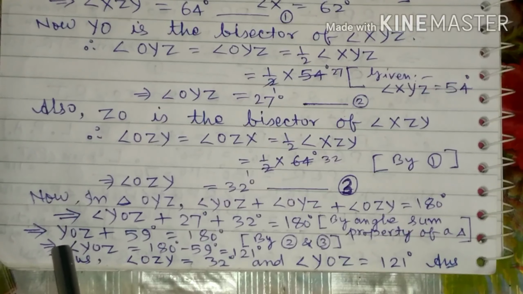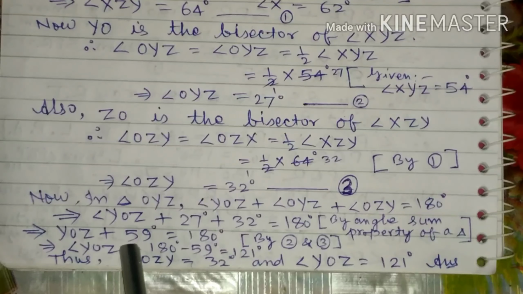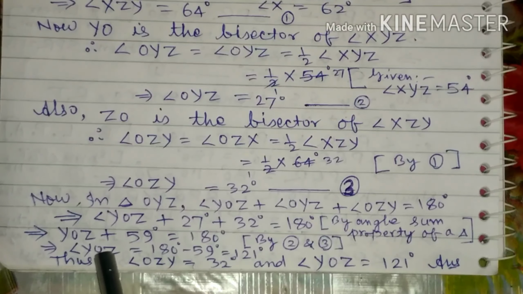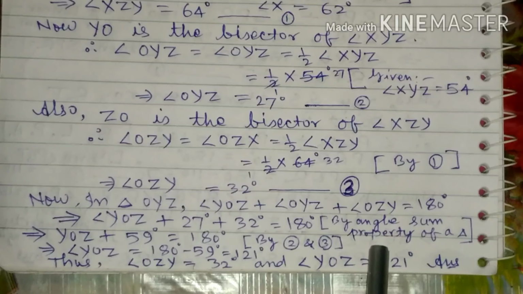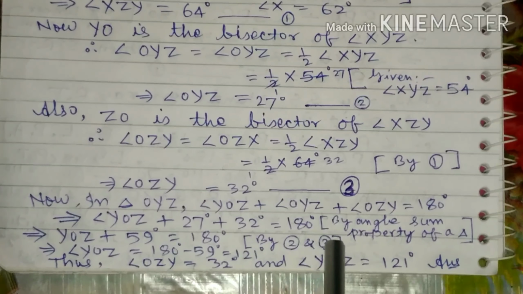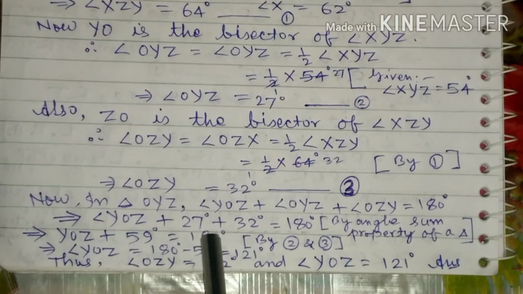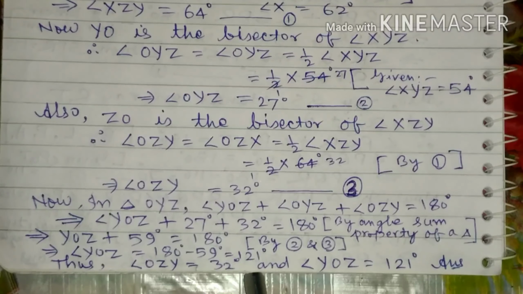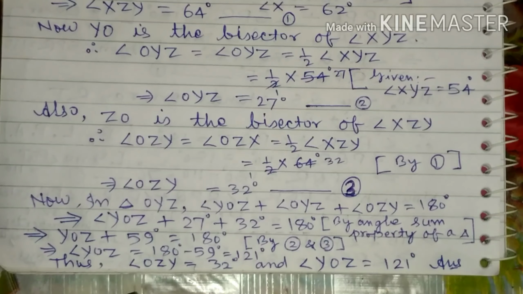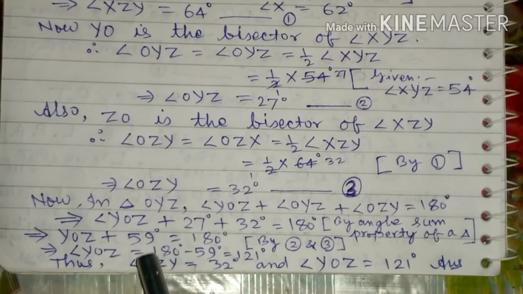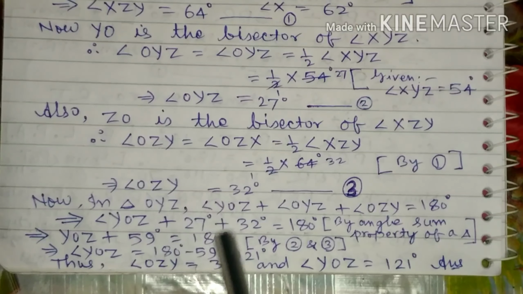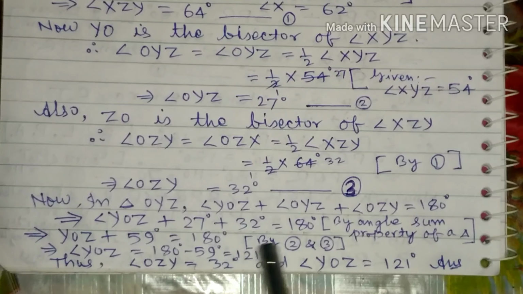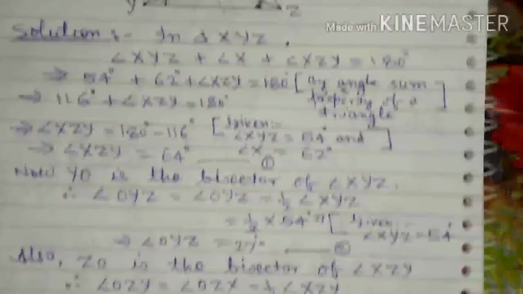We write YOZ the same, 27 plus 32 we get 59 degrees, equals 180 degrees. Now angle YOZ equals 180 degrees minus 59 degrees, which is equal to 121 degrees. Thus angle OZY is equal to 32 degrees and YOZ equals 121 degrees. This is the answer of this question.